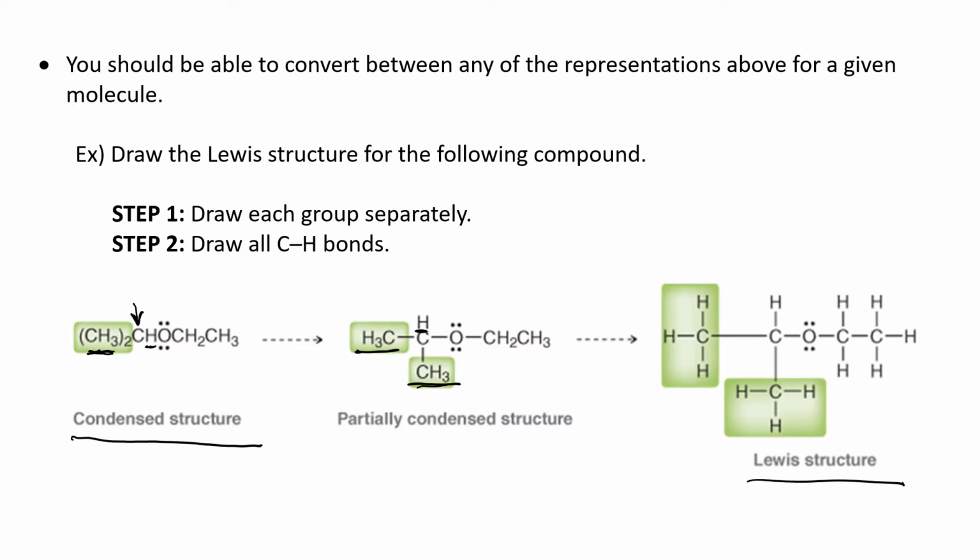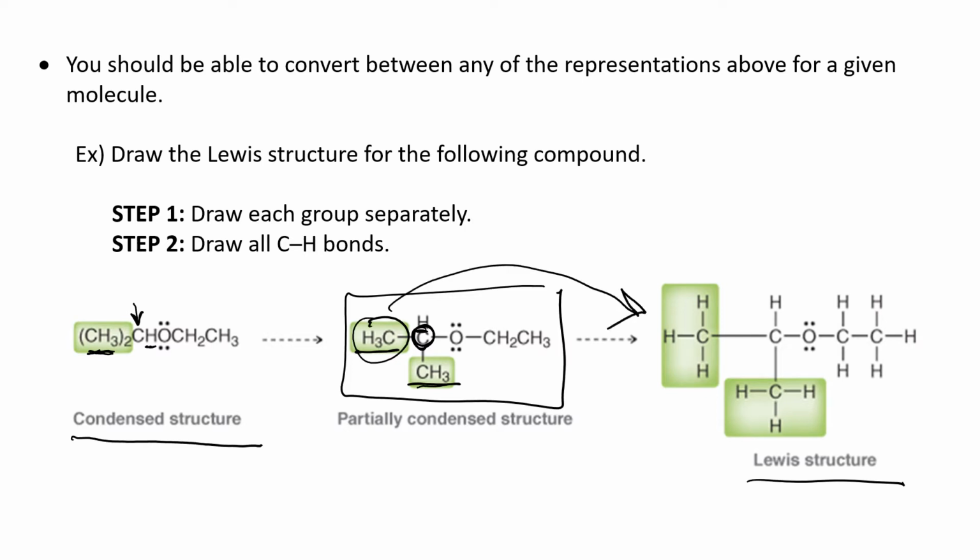At this point, we've got a partially condensed structure which can now be easily converted into a Lewis structure. So do one group at a time. You can start with the carbon in the center and just pick any of the groups. We have the CH3 group that can be converted to the Lewis form.